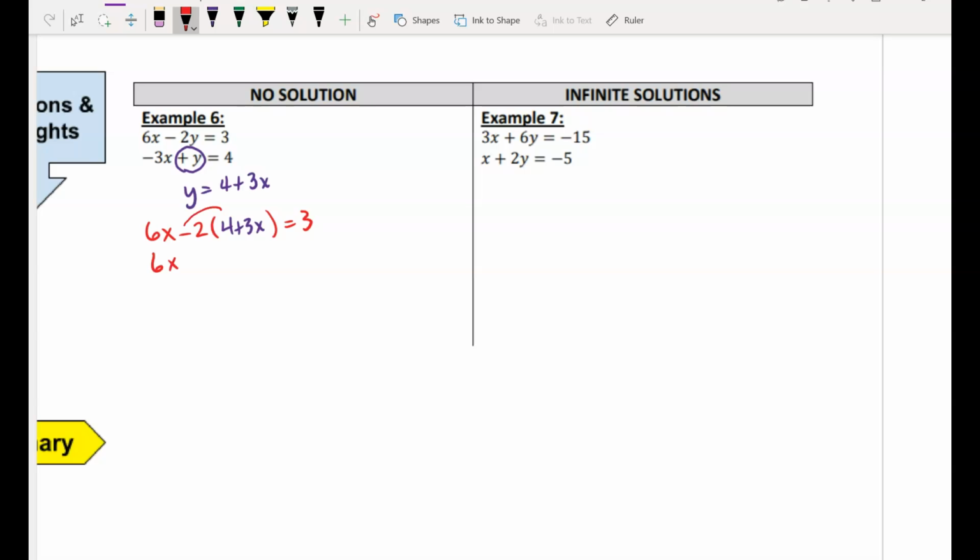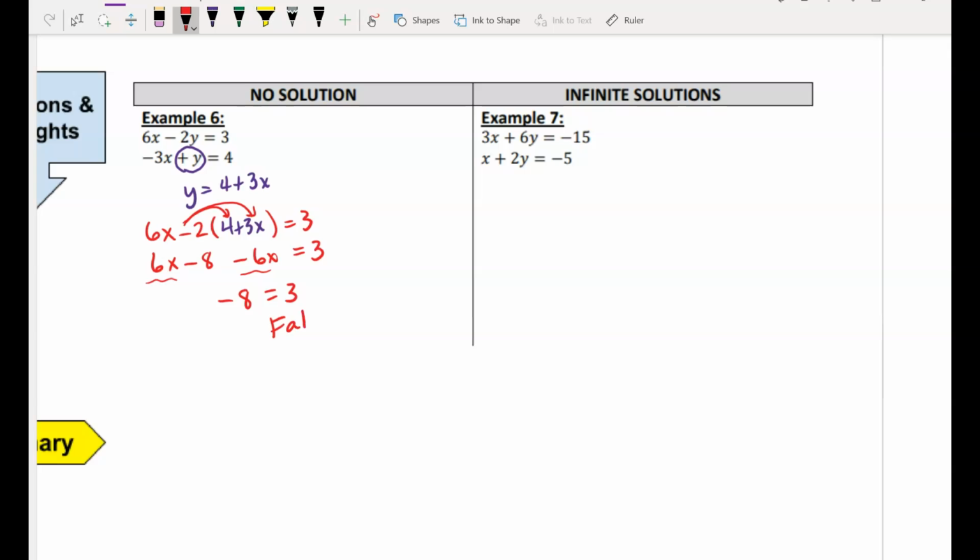6x, and then I have to distribute this negative 2, so negative 8, and negative 2 times 3x is minus 6x, and that equals 3. Notice what happens when I combine these like terms. 6x minus 6x is 0, so I don't have any x's left, but I still have this negative 8. I still have the negative 8 equals 3.